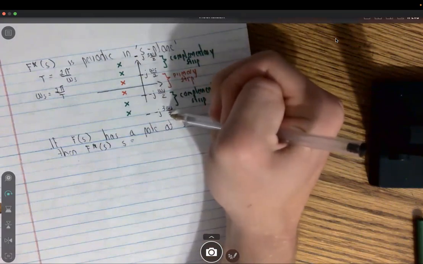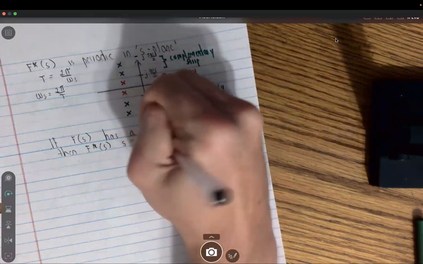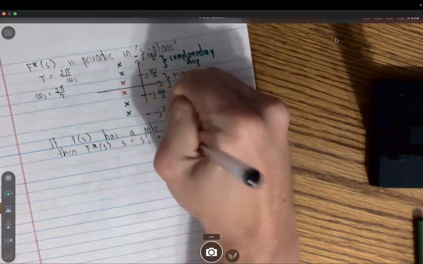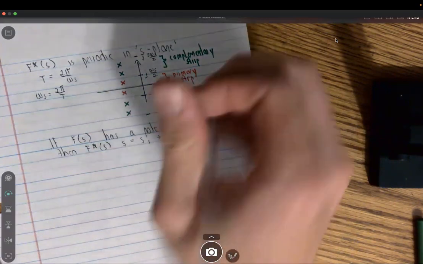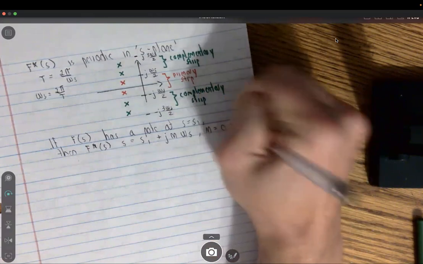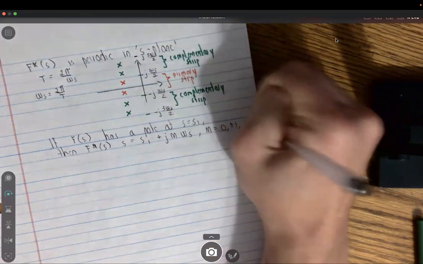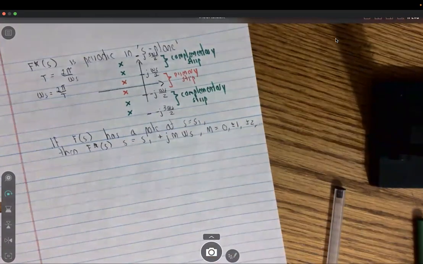So s is equal to s1 plus j m omega s, and so it's going to be repeated every omega s, for m equal to 0, plus minus 1, plus minus 2, etc. And so it's going to be the same exact location for the poles, except it's repeated every omega s.